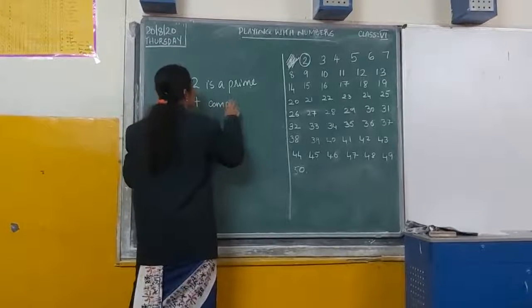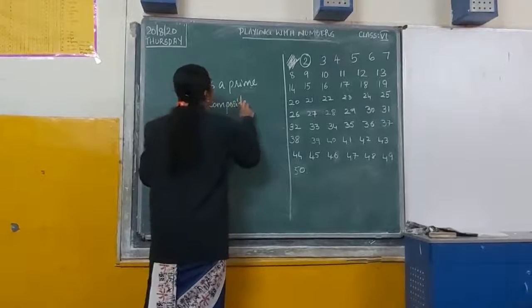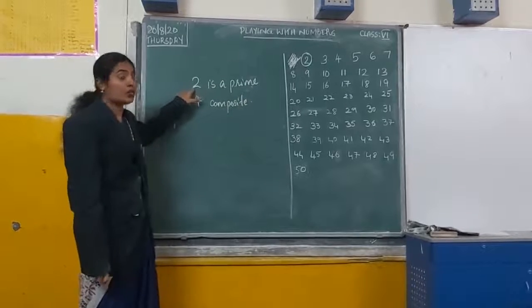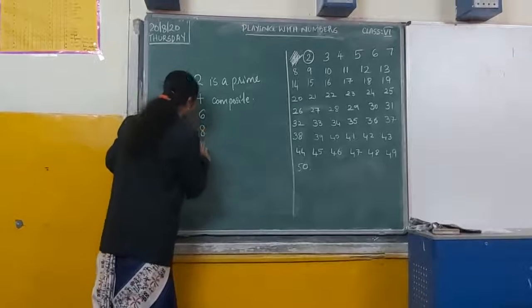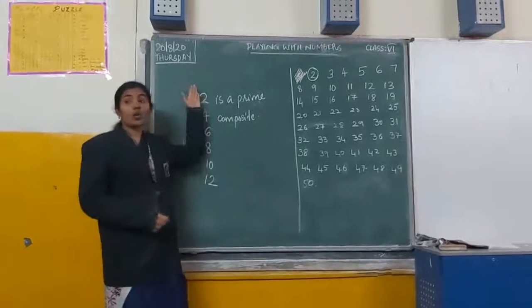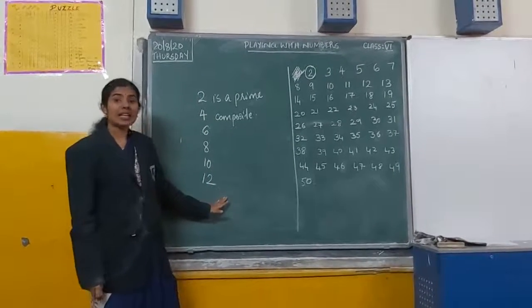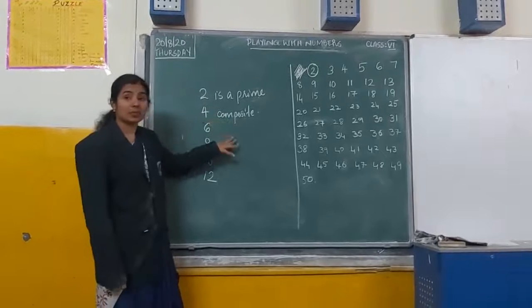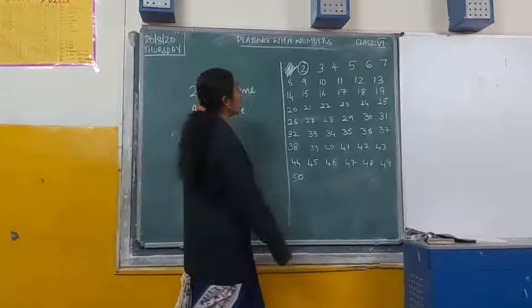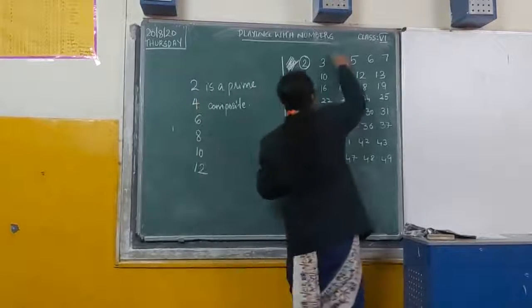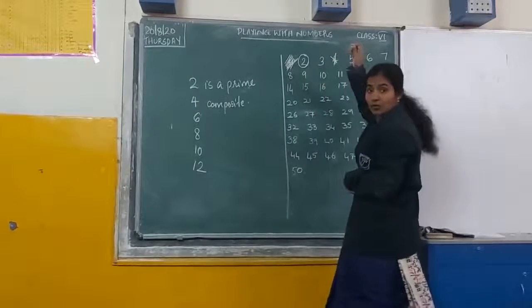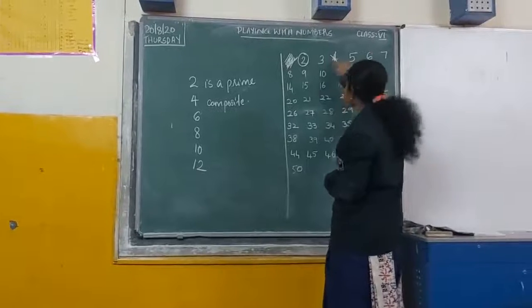Already I have given one example. 4 is a multiple of 2. What about 6, 8, 10, 12? All multiples of 2 are composite numbers. To show that it is a composite number, we can cancel it. See, 4 is a multiple of 2, so we can cancel it.